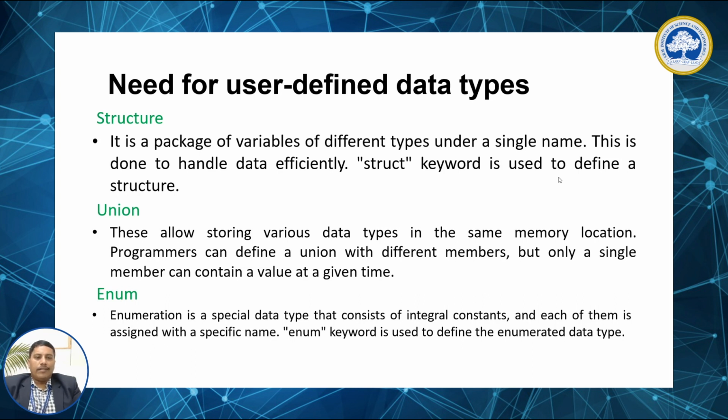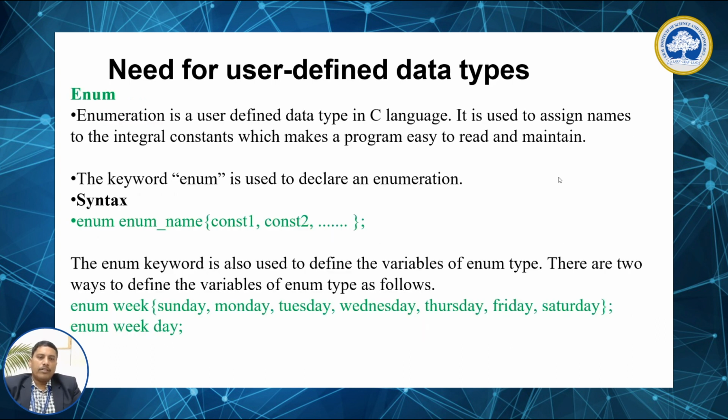The next one is enum. An enumeration is a special data type that consists of integral constants, each of which is assigned a specific name. The enum keyword is used to define the enumerated data type, whereas for union definitions we use the union keyword.